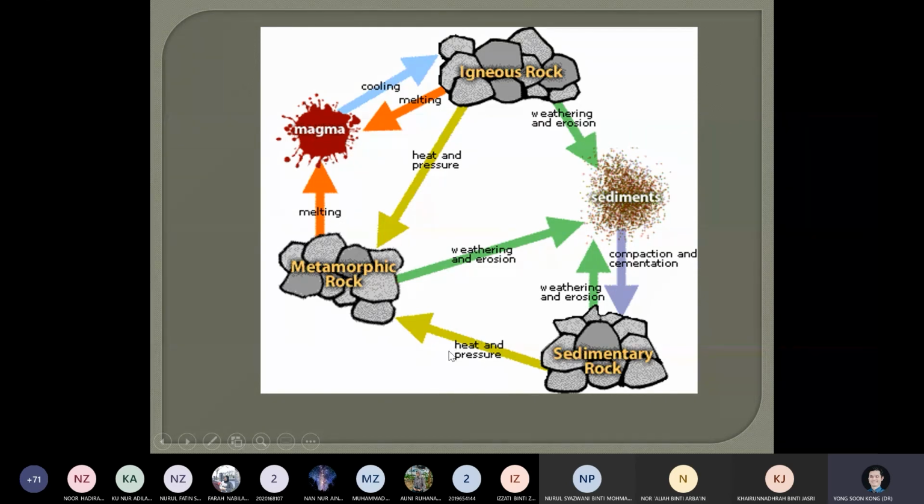The deeper you go into the earth, the more heat you're going to have. Why? In the earth, you have the core, the molten core, which is very hot. And with heat and pressure, they form metamorphic rock. So with more pressure and heat, they will transform into rocks that are hard enough, maybe not as hard as igneous rock, but hard enough, and they look just like the sedimentary rock, but they're very hard.